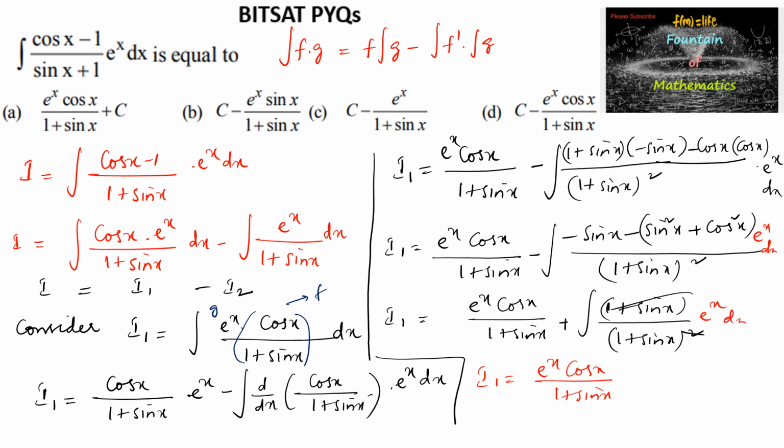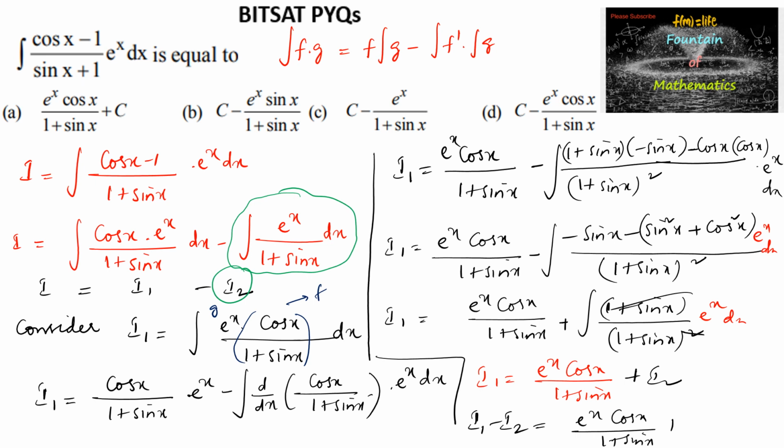E power x upon 1 plus sin x integral is nothing but I2. So I can write this as plus I2. So I1 minus I2 is equal to e power x into cos x upon 1 plus sin x plus constant c. I1 minus I2 means our integral I. Therefore I is equal to e power x into cos x upon 1 plus sin x plus c, which is option A. We can go with option A.